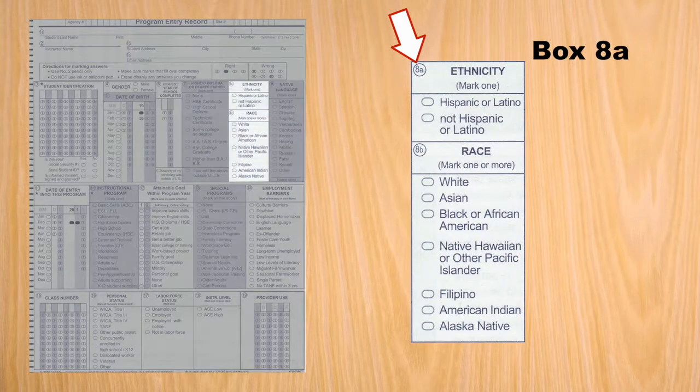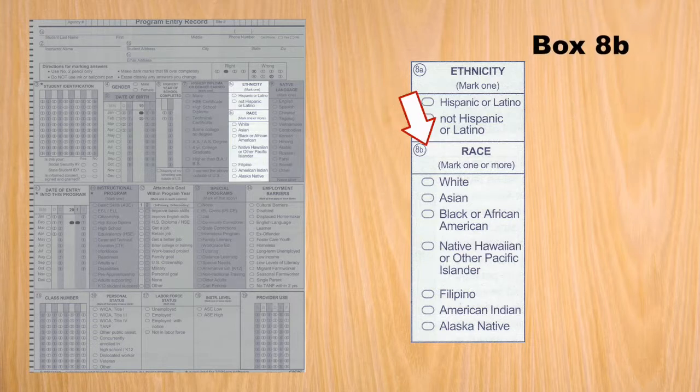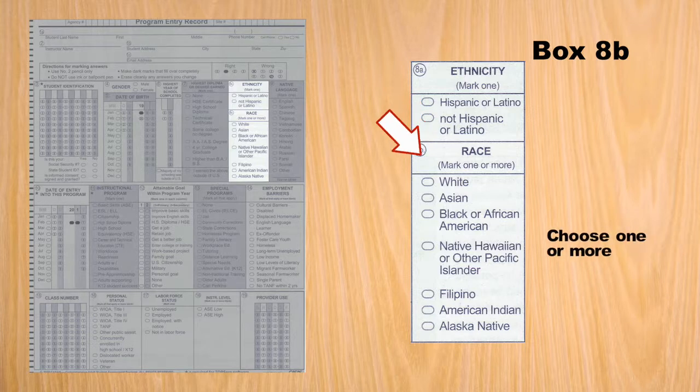Box 8A asks you to identify which ethnicity you identify with. You must choose only one in box 8A, either Hispanic or Latino, or not Hispanic or Latino. Box 8B asks you to choose one or more categories that apply to you about race: white, Asian, Black or African American, Native Hawaiian or other Pacific Islander, Filipino, American Indian, or Alaska Native.